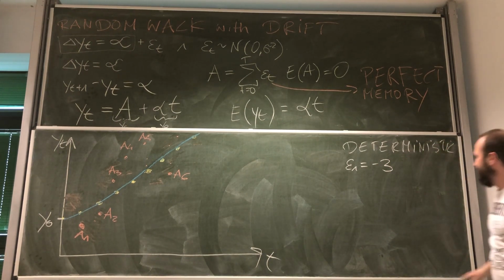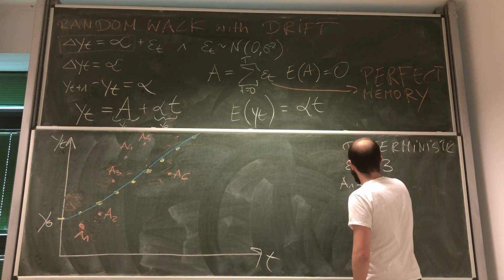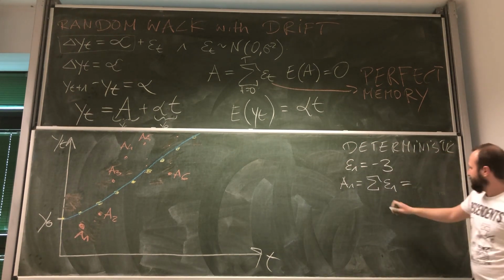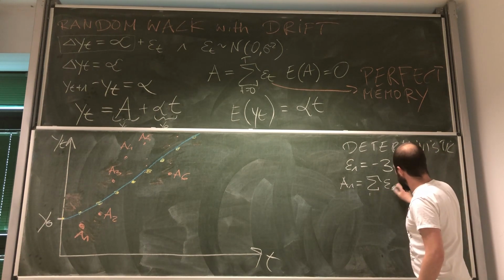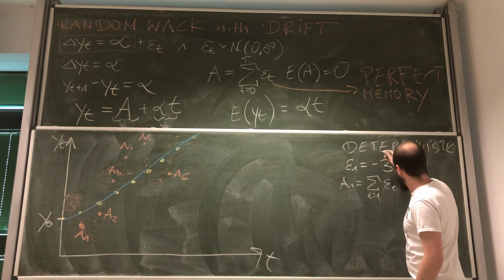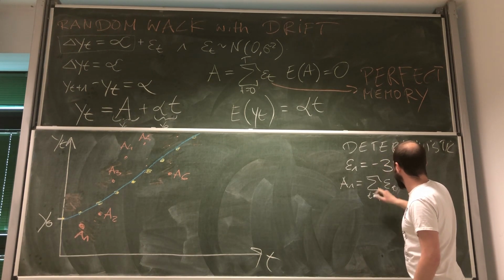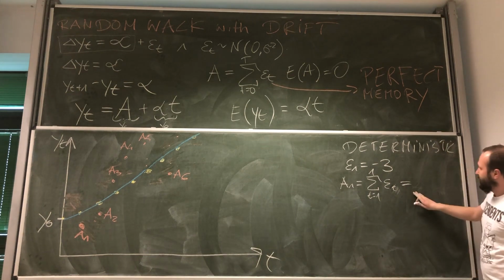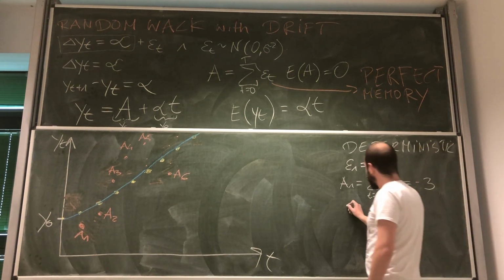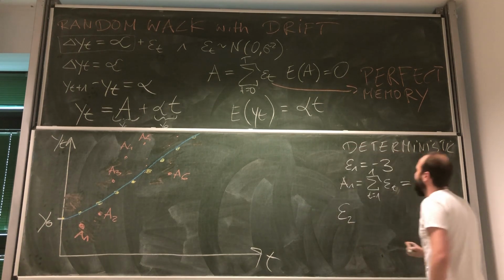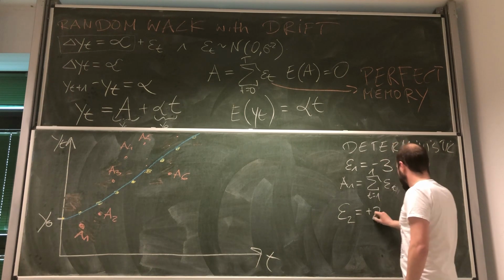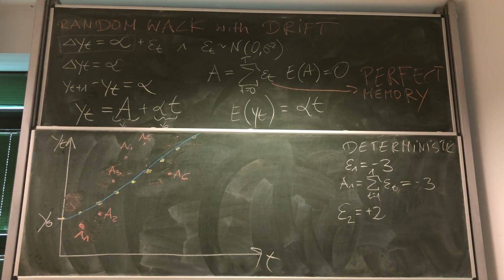Okay, so A1 being the sum of all the shocks from the past, we're going to start from 1 till... The second shock is plus 2, positive 2.